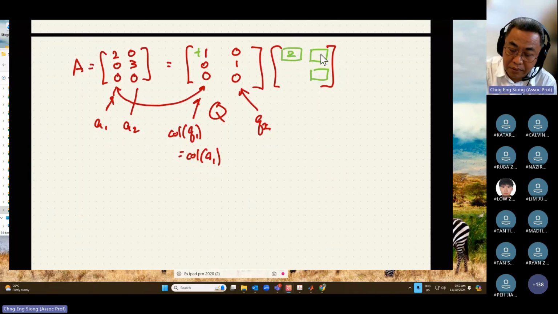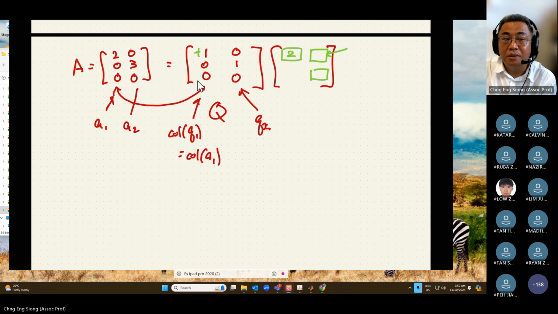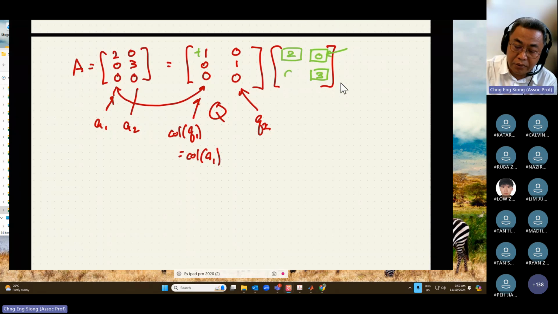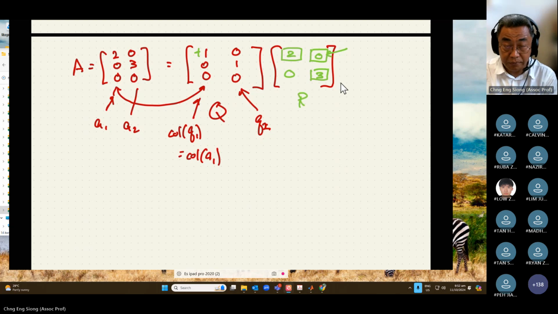This box A. To construct the second column, do I need the first column? Fortunately, no, because the second column is orthogonal to the first column, therefore the value is 0. This is 3. This is 0. This is R. And this is a very simple example because the second column has nothing to do with the first column.